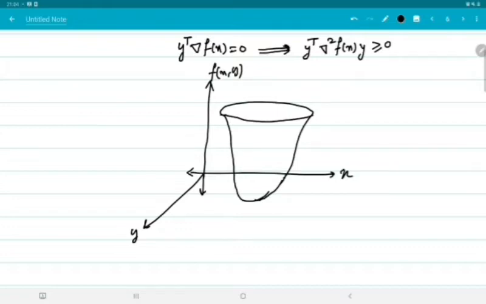If you look at a point somewhere here, there is a normal pointing inward. The normal has two components. The direction has an x component and a y component. So if I take this point, all such normals are going to lie on this plane. I can have a plane here.